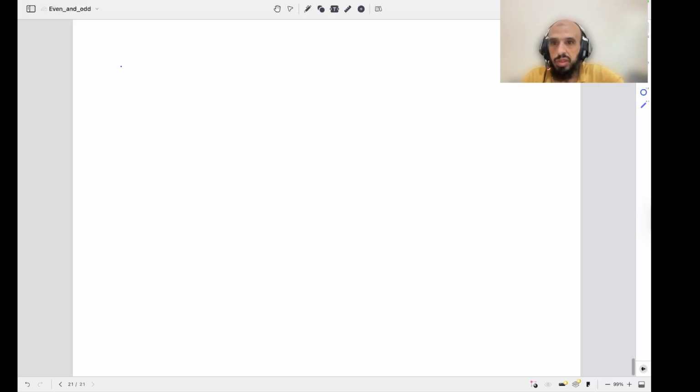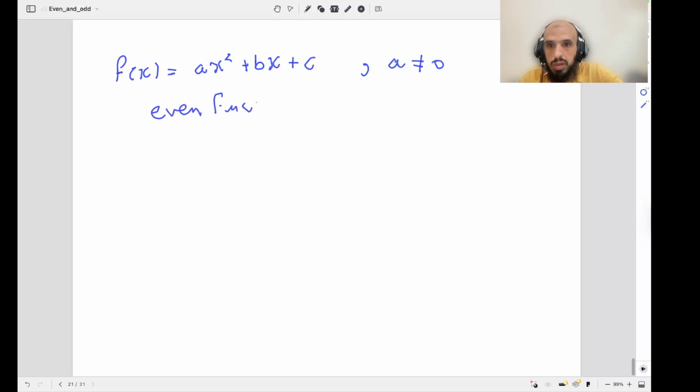Now let's look at this interesting example. If f of x is a quadratic function equals ax squared plus bx plus c, and a is not equal to 0, and we are told that this is an even function, show that b equals 0.